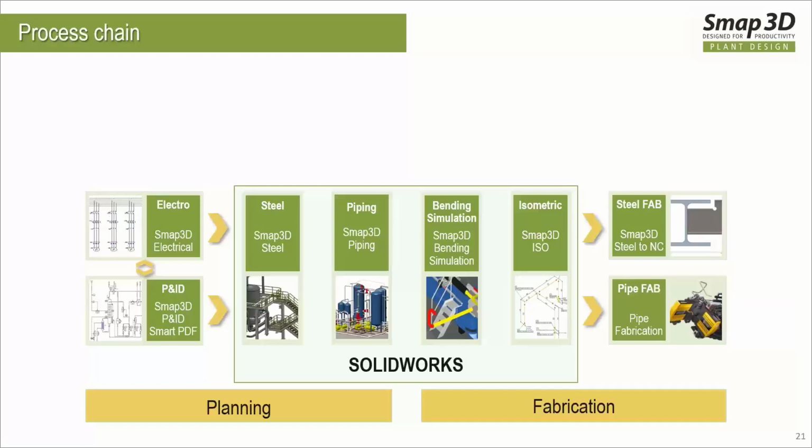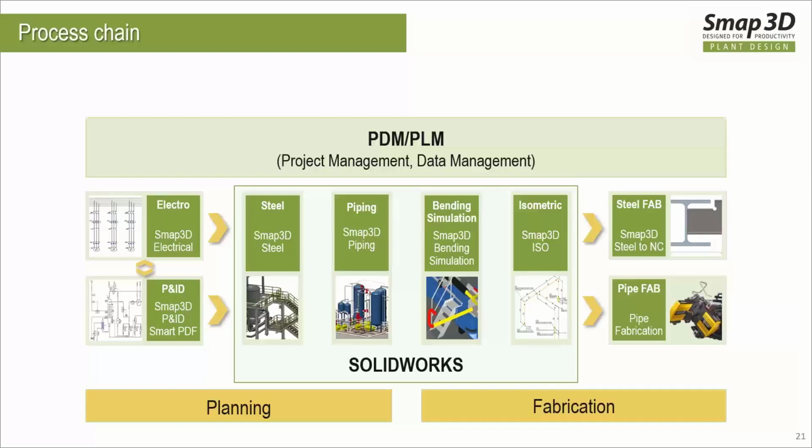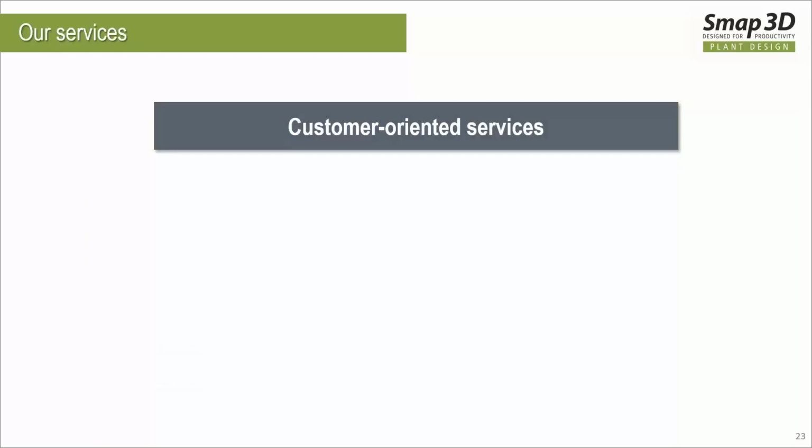So we can plan everything out, we can get our fabrication data, and we can work inside of one PDM or PLM environment with SolidWorks PDM, and even connect to ERP systems to organize what information is being requested for these jobs.